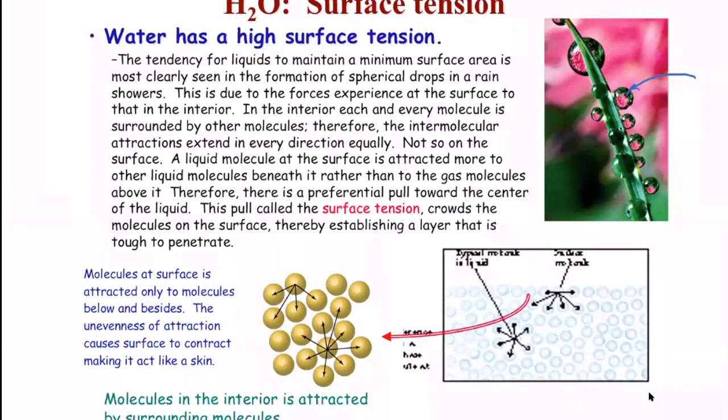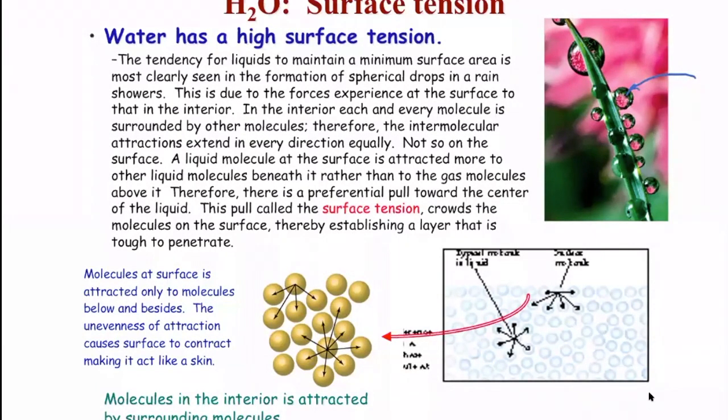Hydrophobic means water hating. So if you're hydrophilic, you're going to be attracted to water. If you're hydrophobic, you're going to repel water. And so if you ever wax your car and it rains, you'll see that the rainwater sort of beads. That's because the wax is non-polar, water is polar, and so they're hydrophobic to each other.